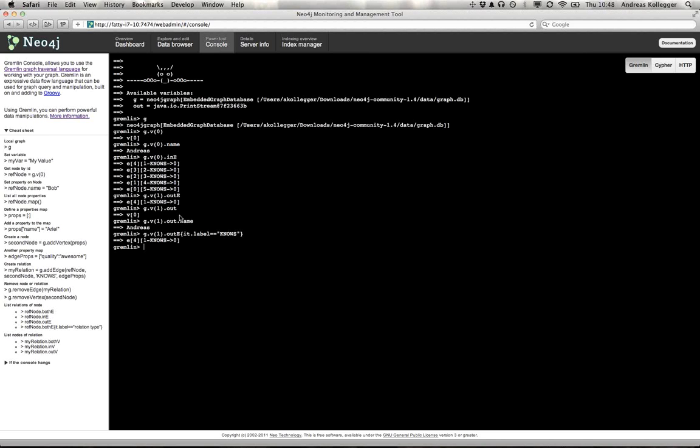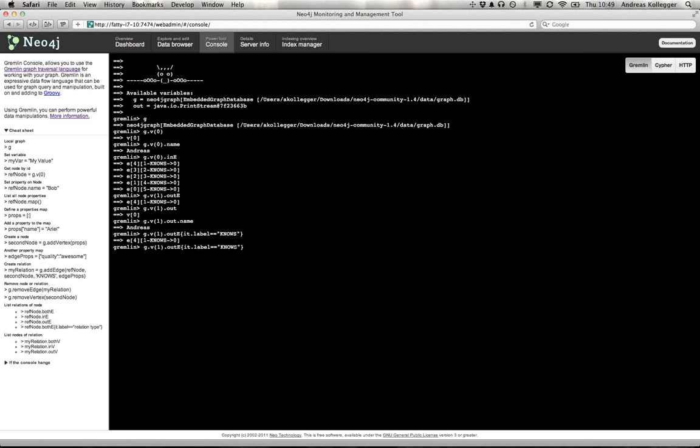So if you happen to have a graph that was more elaborate, with this construct here, this is just a small closure that's being passed to the outE. With that, you always get an it variable, and you can use that to filter the relationships that you're interested in. So if you had multiple relationships from a particular vertex, you could say, well, I only want the outgoing knows relationships. Here, of course, it ends up being the same as getting all of the relationships because we only have the one type.